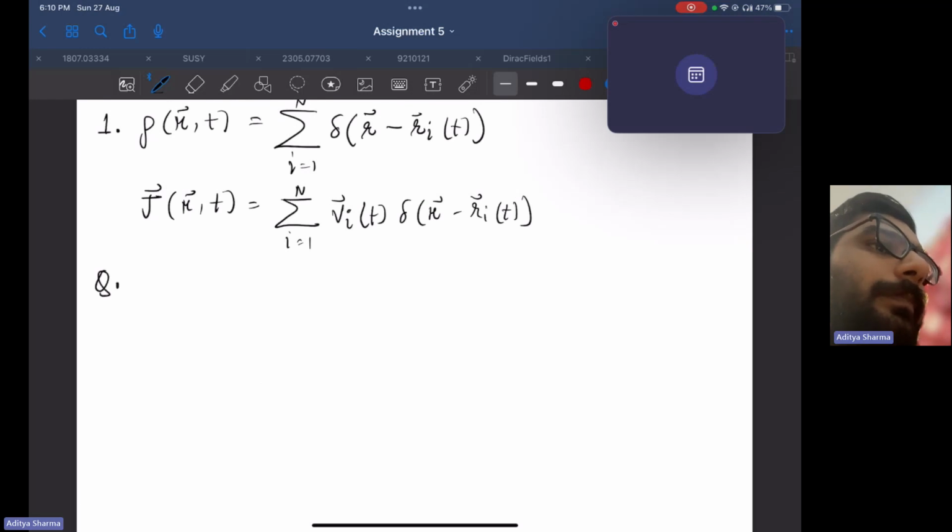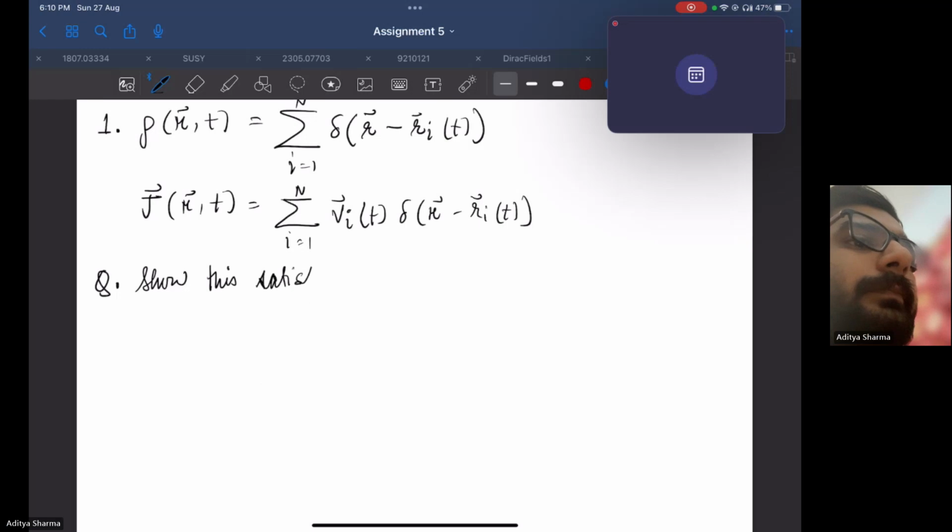The first question is: show that this satisfies the continuity equation.